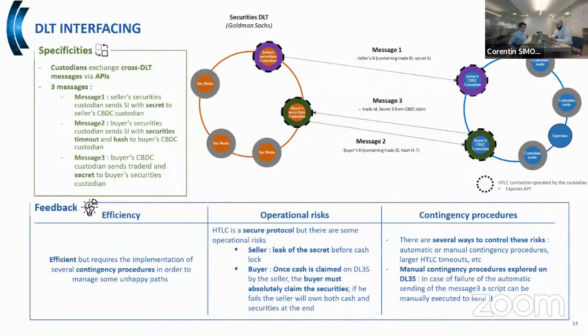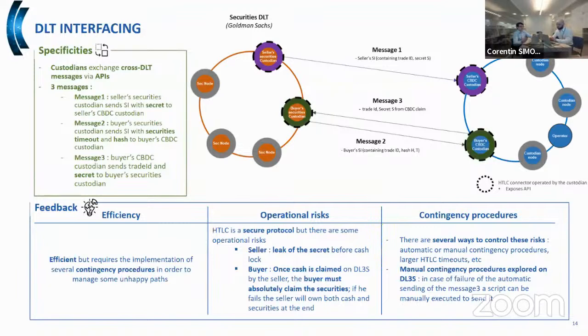This setup is efficient, but it requires the implementation of several contingency procedures in order to manage some unhappy paths. HTLC is a secure protocol, but there are some operational risks which are not the same for the buyer and the seller.